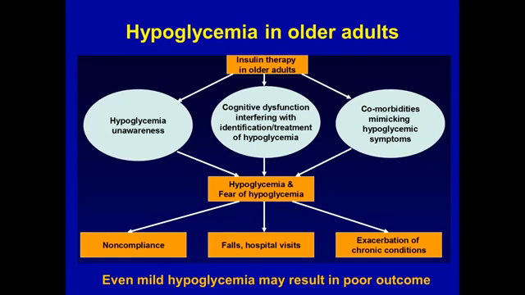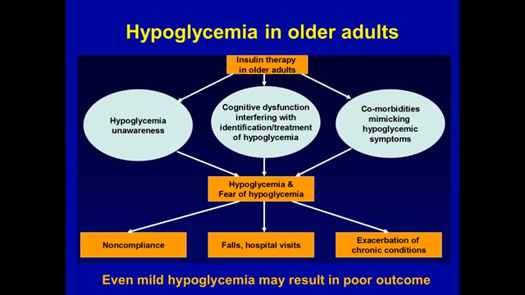One of the things that, as I already mentioned, we try to avoid in this population is hypoglycemia. In this population with long duration of diabetes, hypoglycemia can be not felt, with hypoglycemia unawareness. Also, cognitive dysfunction that can develop during this time can interfere with identification and treatment of hypoglycemia.